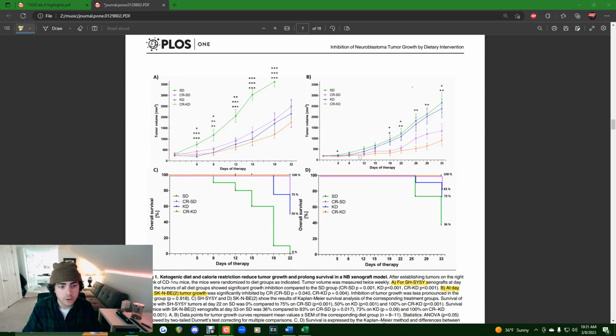But graph B is not just an extension, not just more days, it's measuring different data. If it were an extension, this green line would be way up here, but it's not. The green line's way closer to the blue line for graph B.